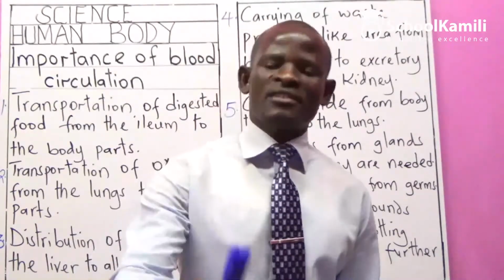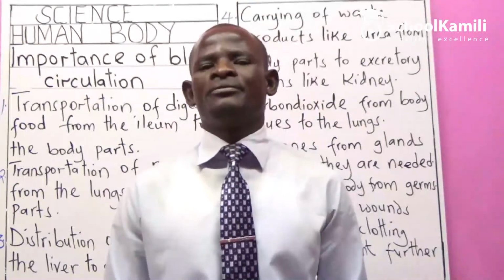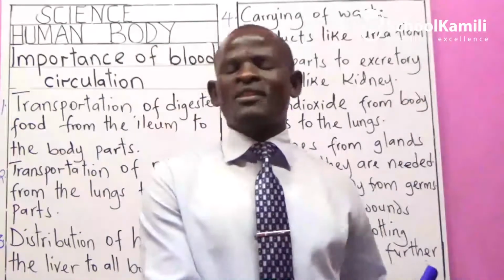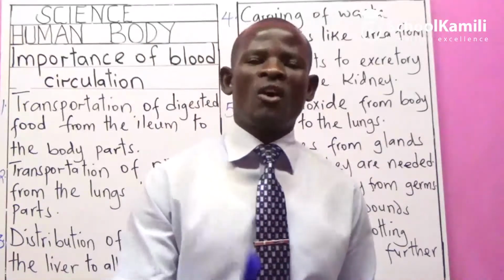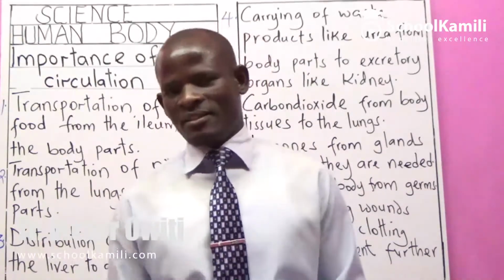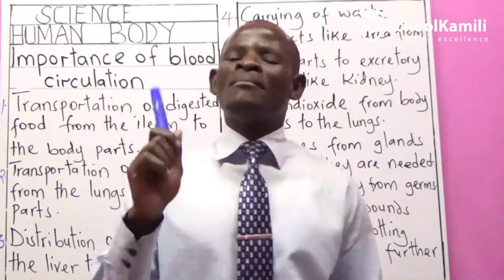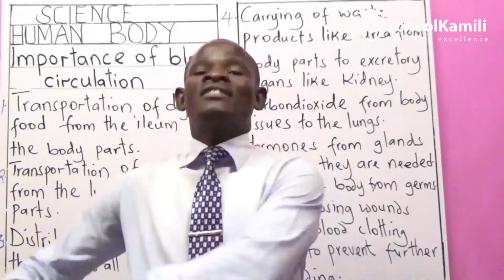Then the end result will be the nutrients absorbed from the digestive system into the bloodstream through the part called ileum, also known as the small intestine. We say the small intestine is adapted to the absorption of food nutrients into the bloodstream.